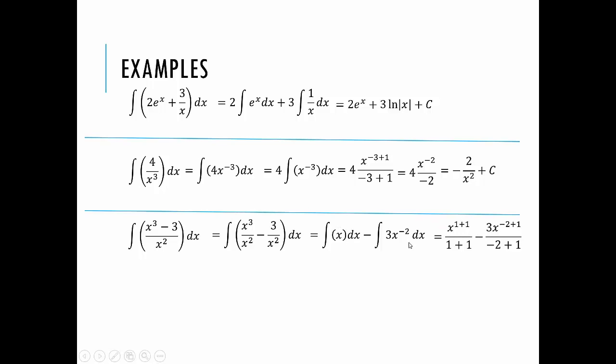I add 1. x to the -2. I add 1. I get x squared over 2. This is still this minus sign. I get 3x to the -1. The bottom becomes -1. So I bring this x down to the bottom. This negative and this negative is how I got a positive.